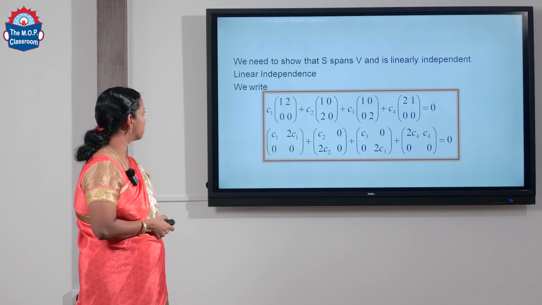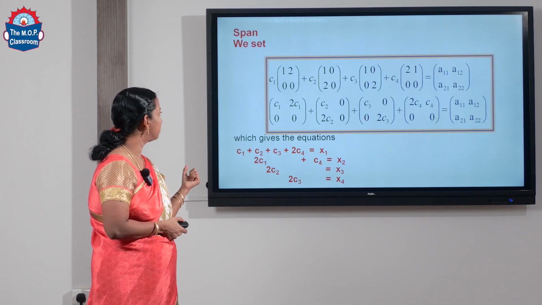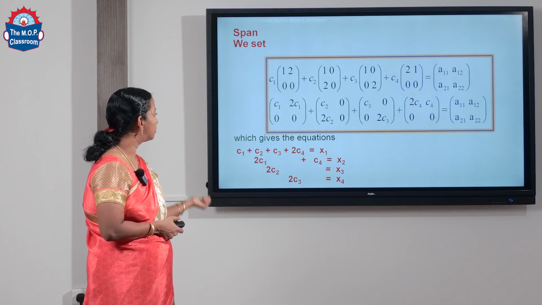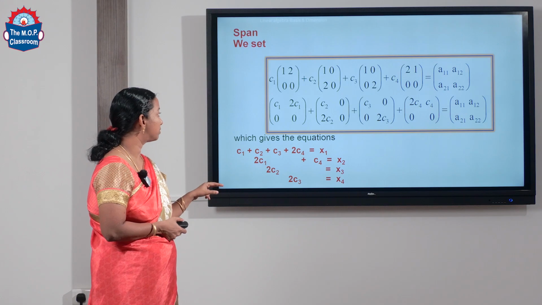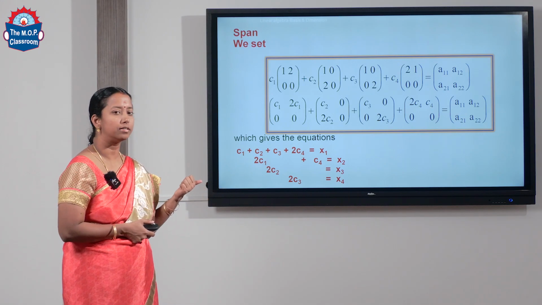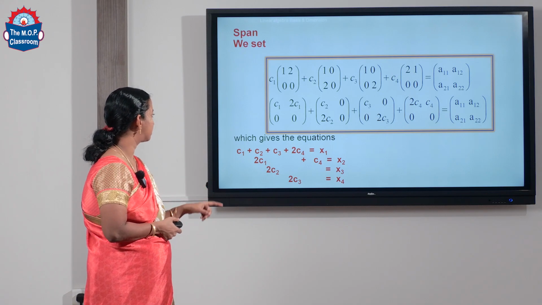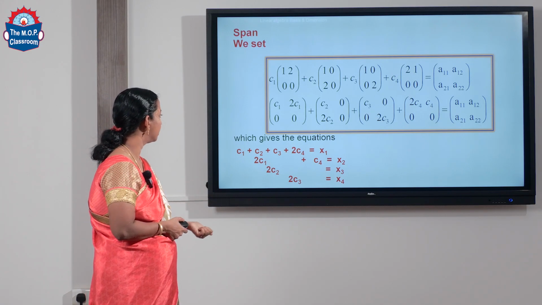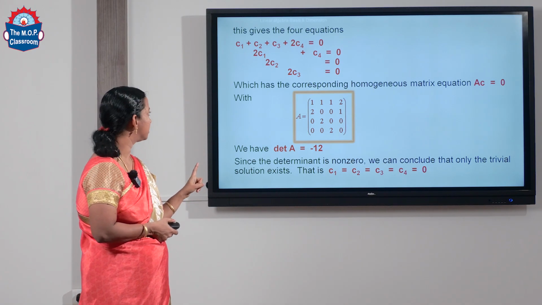So for the second equation, 2C1 plus C4 equal to 0. Similarly for the third equation, 0C1 plus 2C2 plus 0C3 plus 0C4. So 2C2 is equal to 0 and 2C3 is equal to 0.